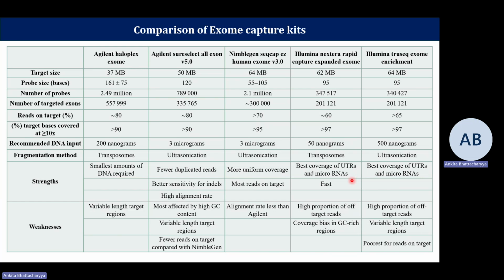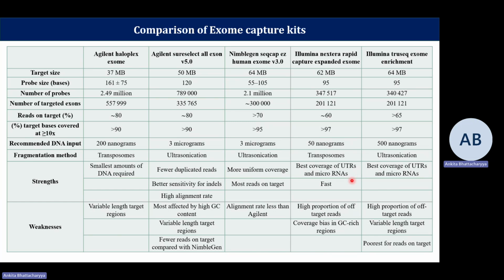So in that case, the number of cells and the amount of DNA you can have is very minimal, and therefore, depending on the amount of input DNA you have available, you can choose the platform on which sequencing can be performed. Like, for example, some techniques are more sensitive, some are less. Like the Illumina Nextera is very sensitive. It only requires 50 nanograms of DNA, and therefore it is more useful when you have a very limited amount of input sample.